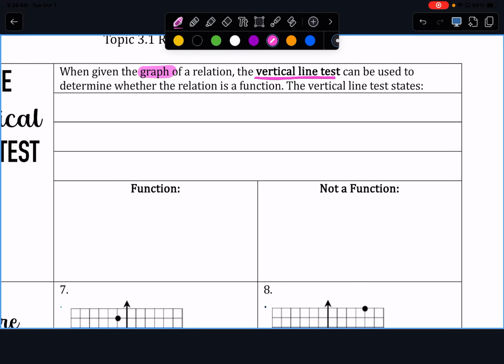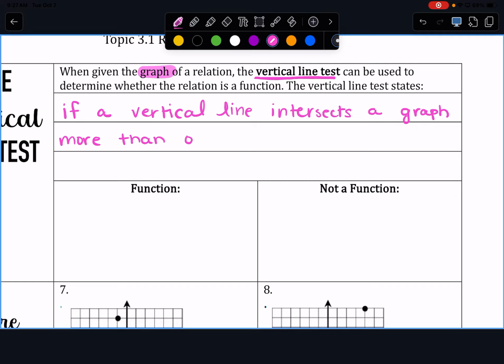So, the vertical line test states, okay, if a vertical line intersects a graph more than once, then it is not a function.